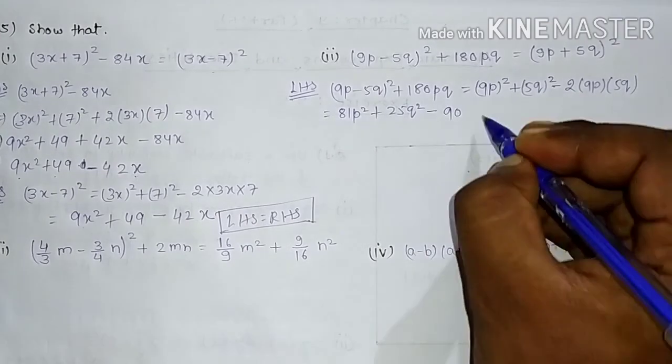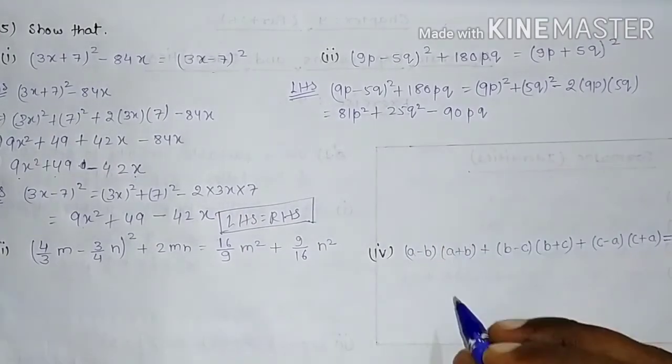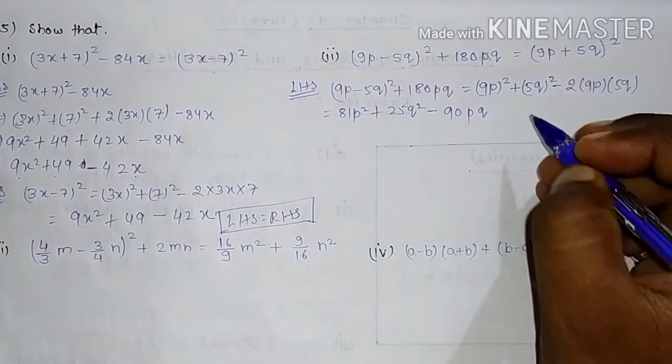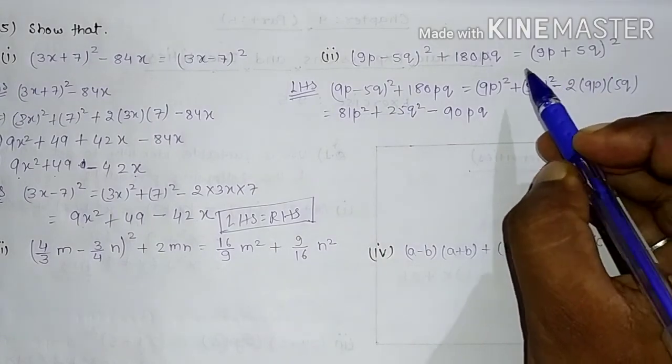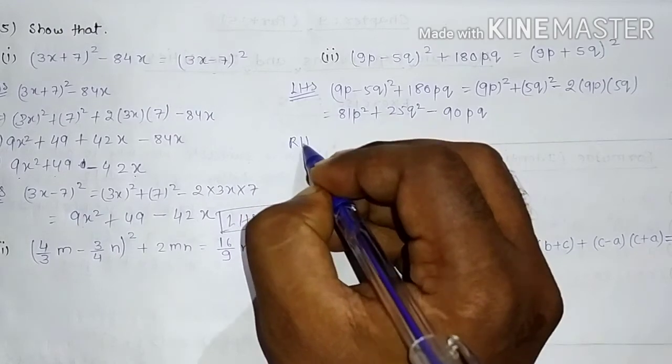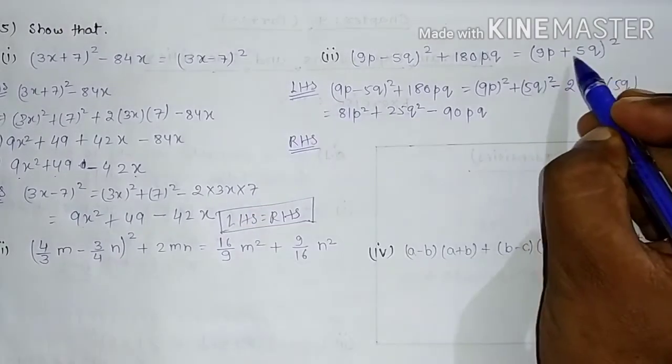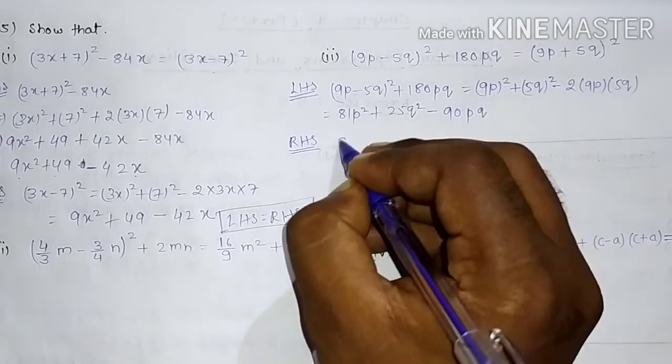So 90pq. So this is the LHS part. Now just solve the RHS part. So the RHS part is equal to (9p plus 5q) to the whole square.